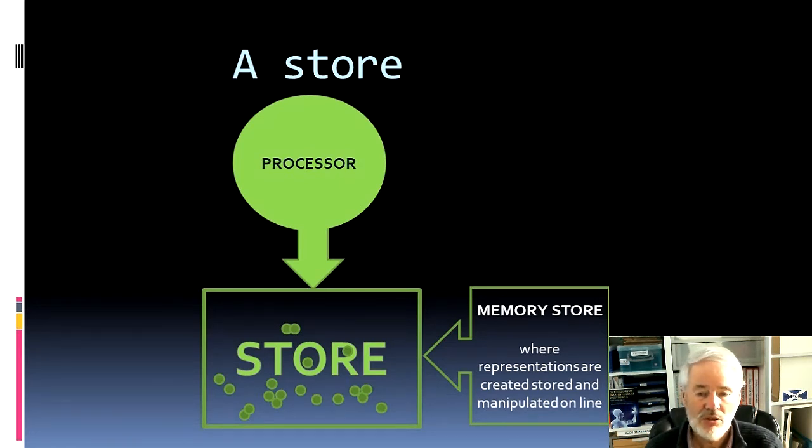And this store is a repository of all these representations, most of which are created as a result of life experience. And they are created and they are stored there and they are activated there.